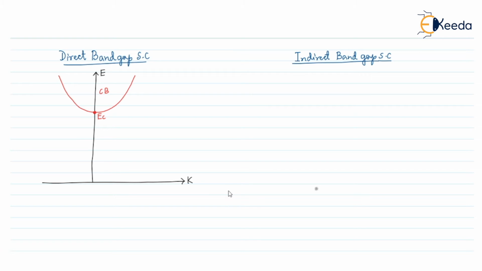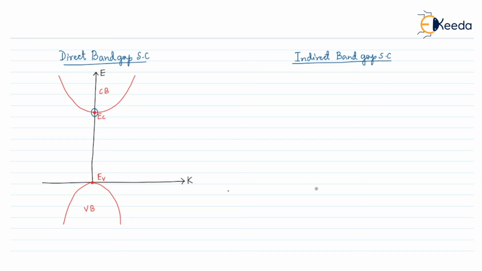The valence band here will be the EV. You can see from this E-K diagram that the maximum of the valence band, EV, and the minimum of the conduction band, EC, both occur at the same value of K. That's why it is called a direct band gap semiconductor.